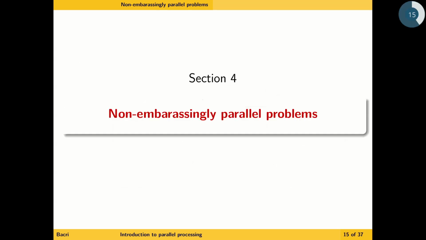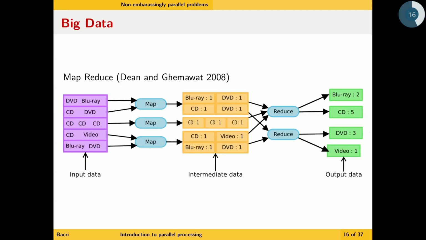Now, if you have a non-embarrassingly parallel problem, the de facto standard for this is a method called MapReduce. This is a simplified version of the MapReduce example, but the main concept is there. The classical example is, let's say you want to count the frequency of the words in all the laws in your country.